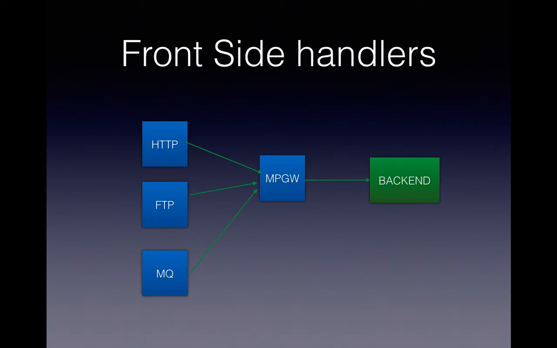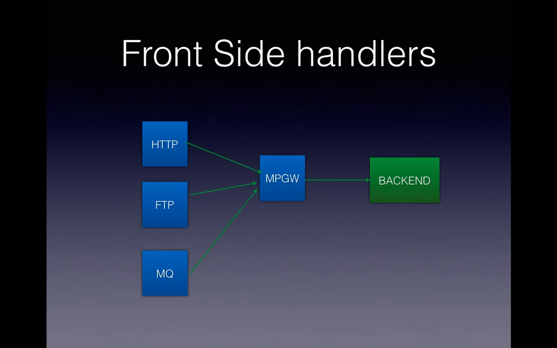In turn, the MPGW will have some processing policies, which will have the rules on what should be done with the input message that comes through that flow. Basically, front-side handlers are just a component which can get the resource, that is the input message, or it can be a file. So it is just an input handler. In short, it's just an input handler.